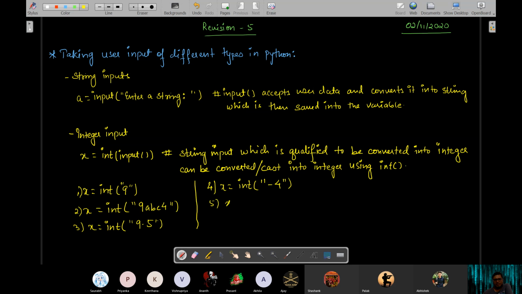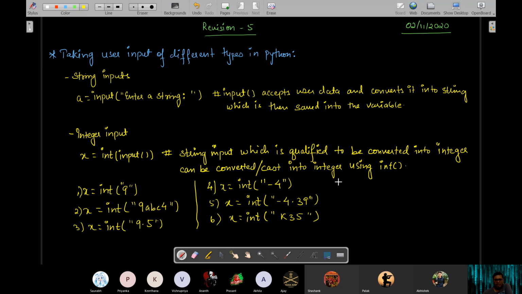Fifth is x is equals to int -4.39. Sixth is x is equals to int k3 5.